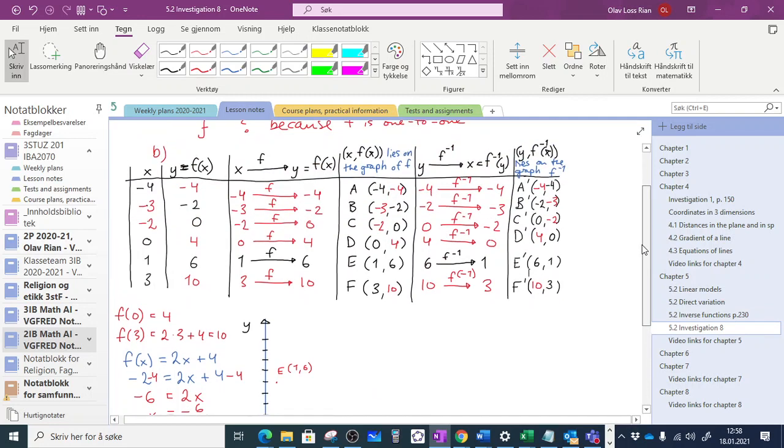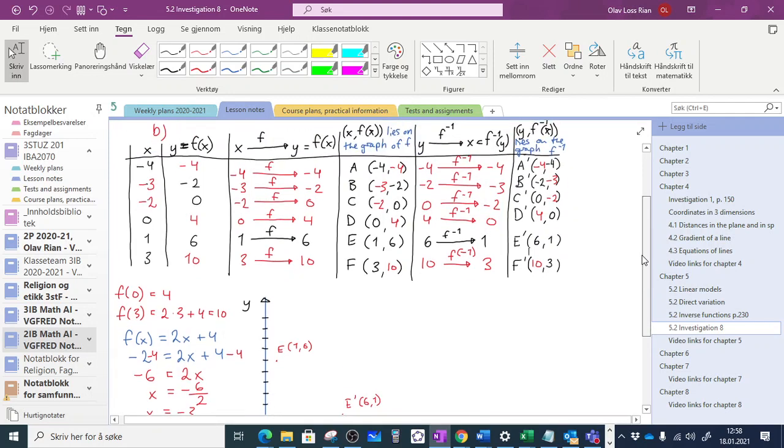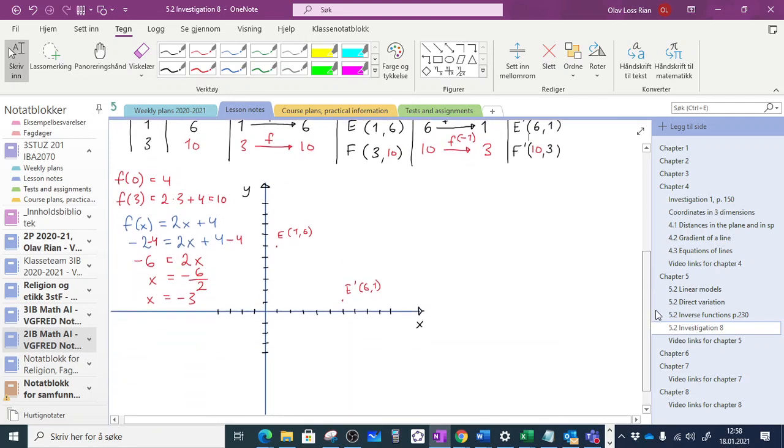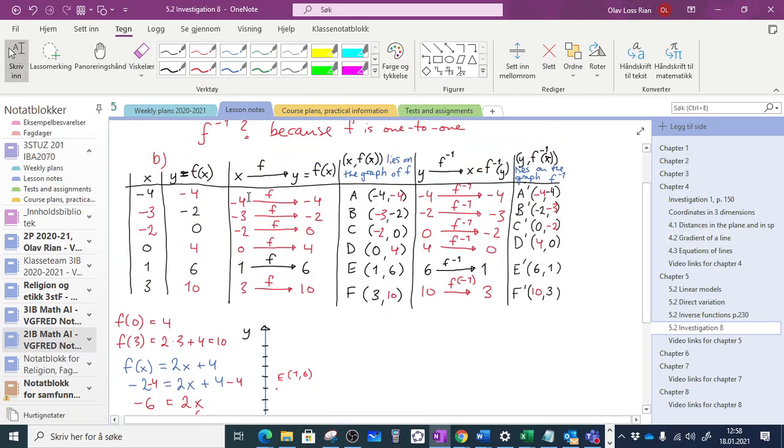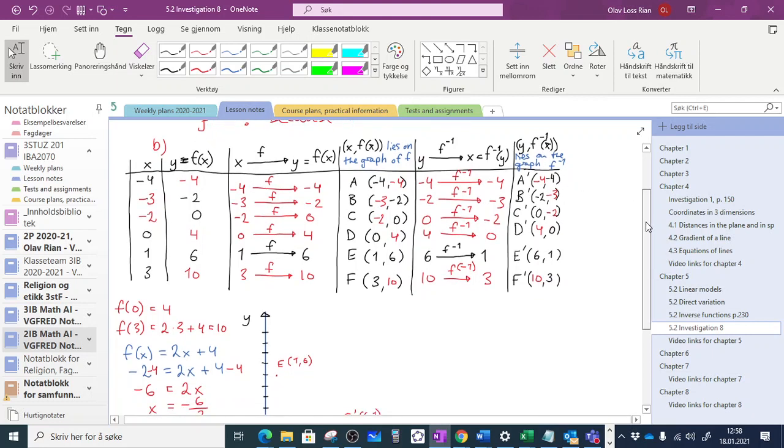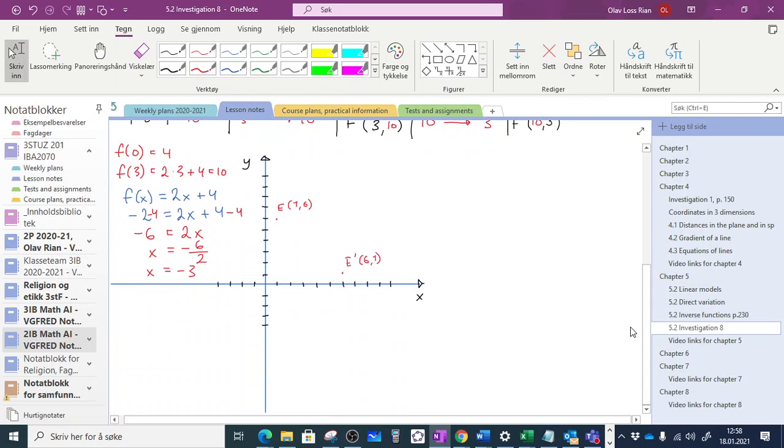It's time to draw the graphs of these two functions. And two of the points are actually the same. So this point A on our function f is similar to the point A marked. So the 2 points have the same coordinates. So minus 4, minus 4. So we could put that in. Should be about here. More or less.